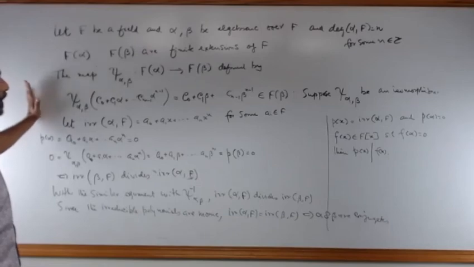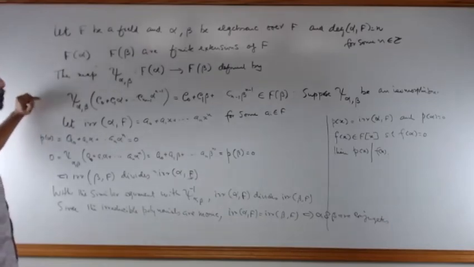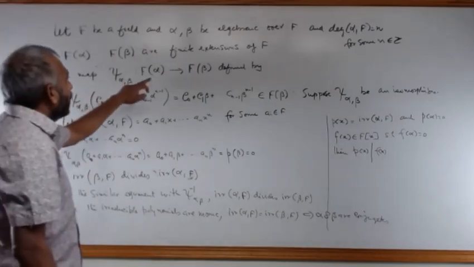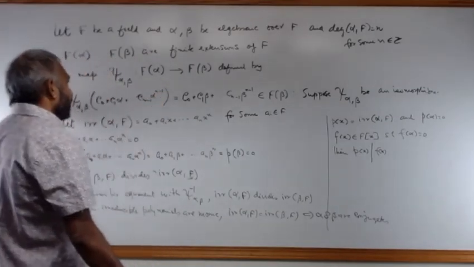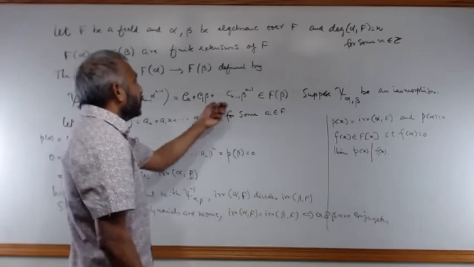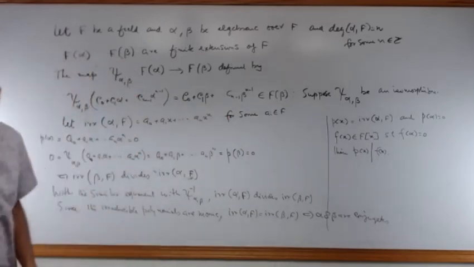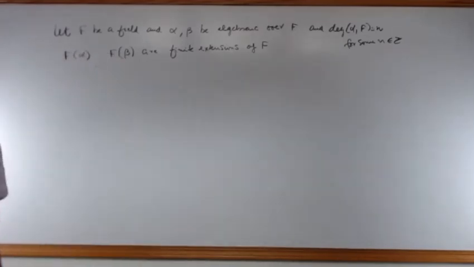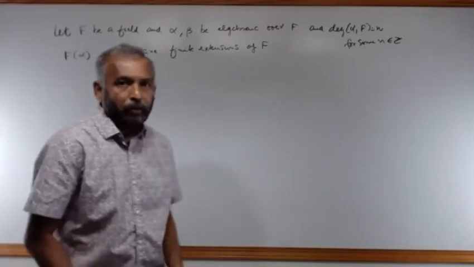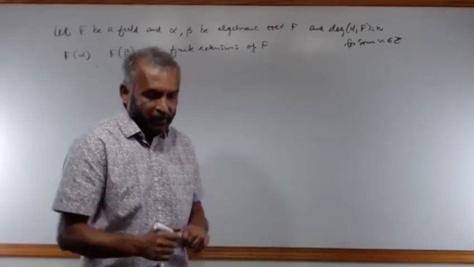So that is a necessary condition. Okay. Now we will assume that alpha and beta are conjugates, can we define an isomorphism like this? So now we are going to establish the sufficient condition.